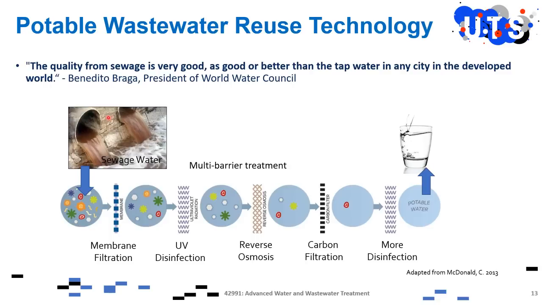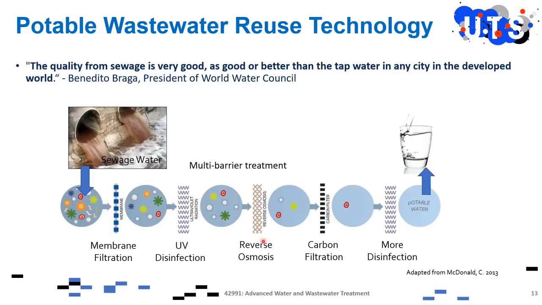So for example, if we have sewage water here, it has different barriers. So it is barrier number 1, 2, 3, 4, and 5. So this is a multi-barrier system. In this case, big things and some other things that don't pass through the membrane are separated here by the use of a membrane. And then whatever passed through the membrane will again be destroyed by a UV disinfection part here.